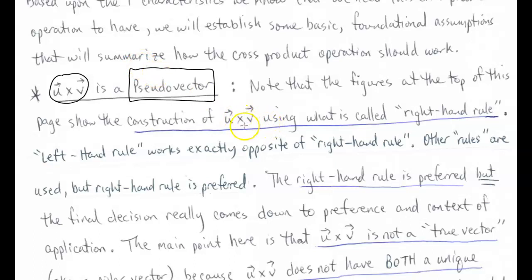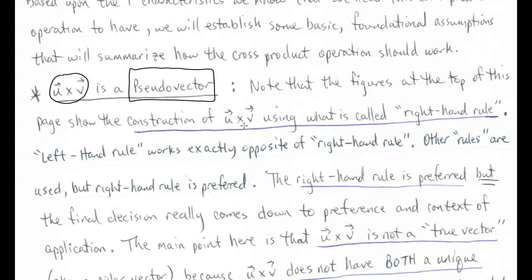In the case of the cross product, the issue is that the cross product doesn't have a defined direction. The magnitude of the cross product will be what it is, but depending upon the orientation of the coordinate system, or in this case, whether u is acting on v or v is acting on u, which vector you make act on the other will determine the direction.